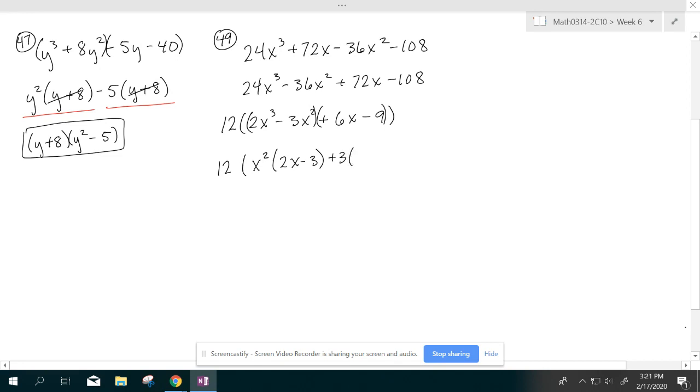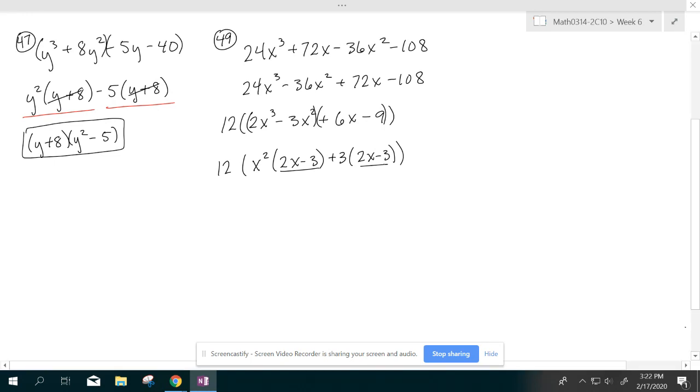Does 3 divide into 6 and 9? Let's take out a 3. What will that leave me with? And did you notice that the stuff in the parentheses matches? When you factor by grouping, the stuff in the parentheses has to match.